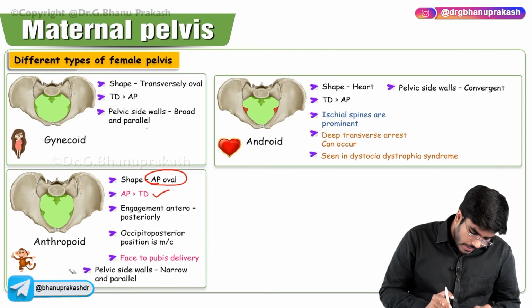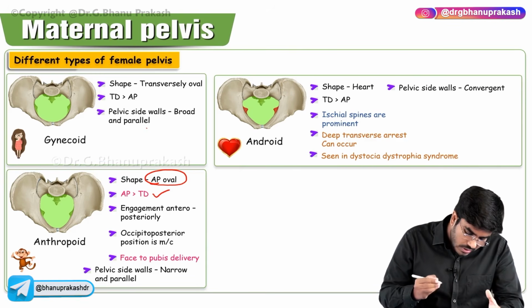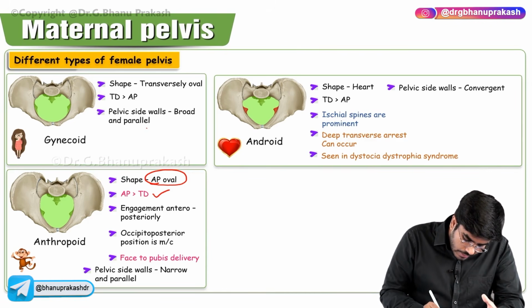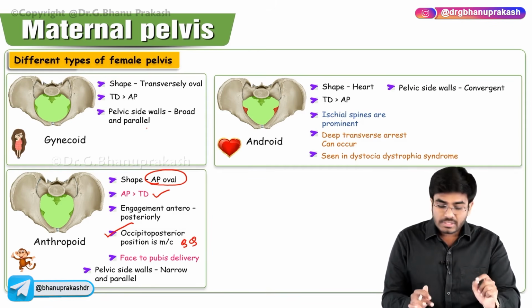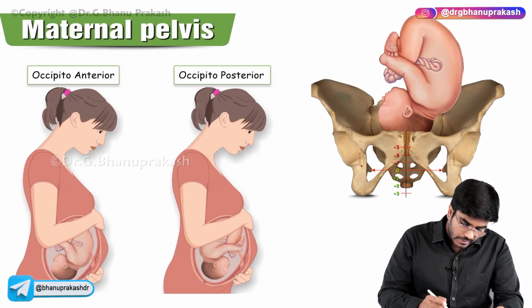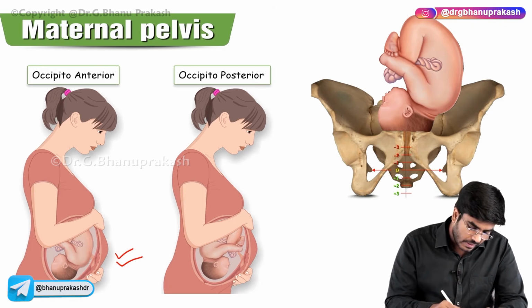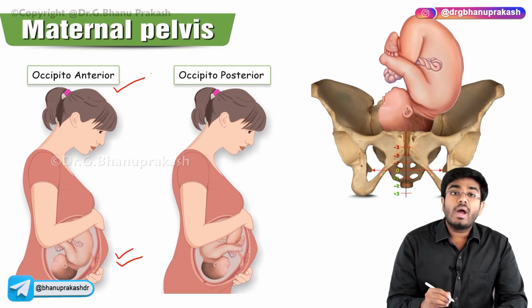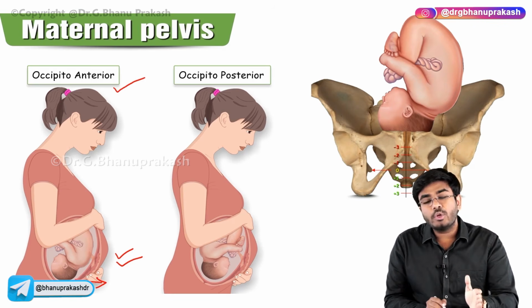Now, if there is such a pelvis, there are more chances of occipito-posterior position. What does occipito-posterior position mean? Guys, please concentrate here. Usually, the baby should be getting engaged into the pelvic cavity by occipito-anterior position, which means the occiput should be towards the pubic symphysis.